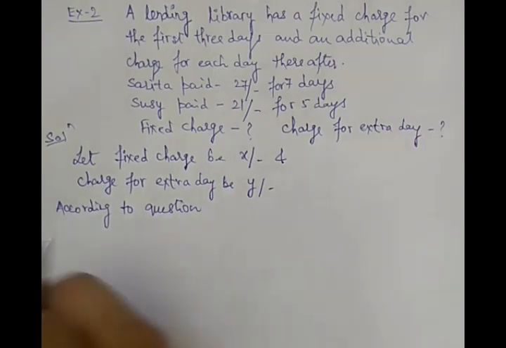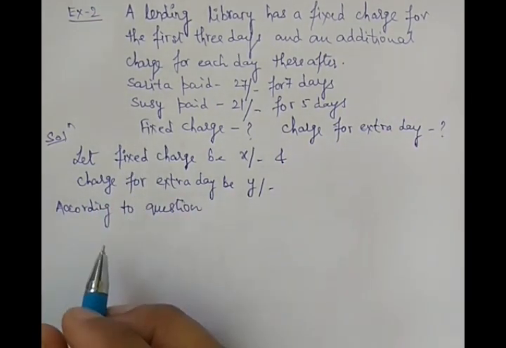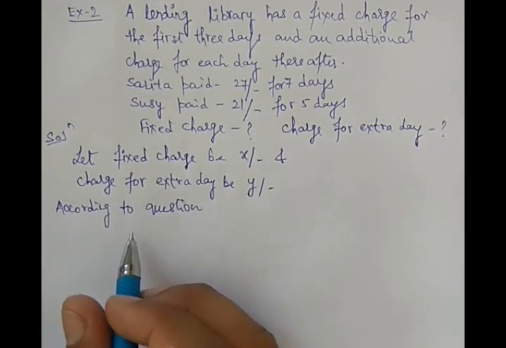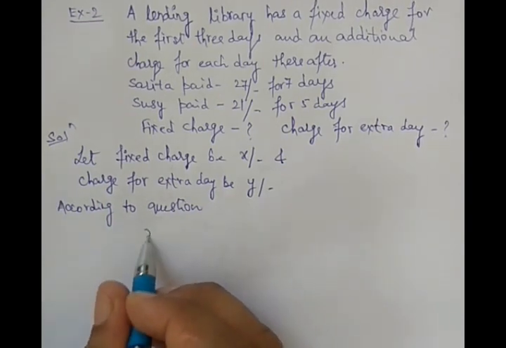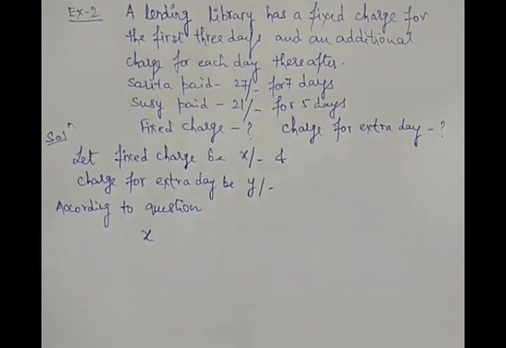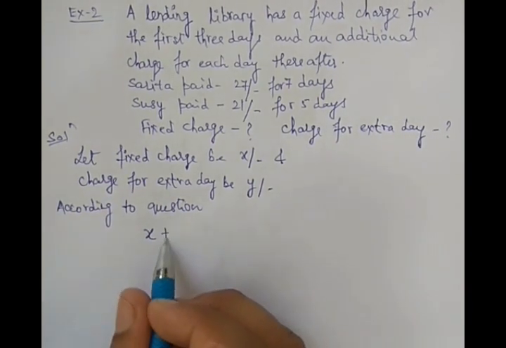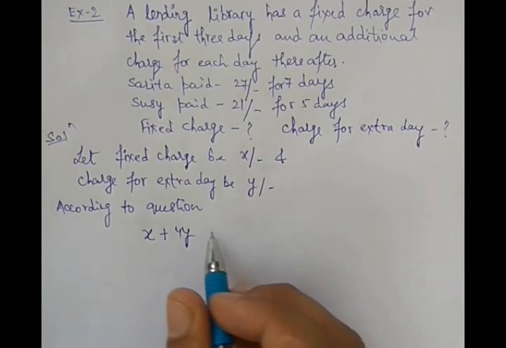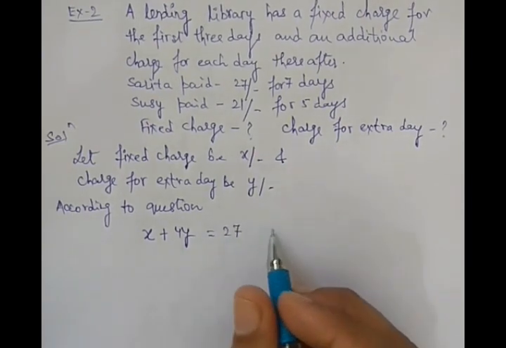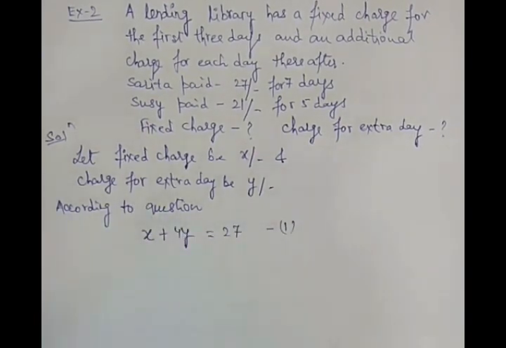it is given that for Sarita, let's say the fixed charge is X. So this is for 3 days and she is keeping the book total for 7 days. So what is the rest of the number of days? 4. Per day she has to pay rupees Y, so 4Y, and the total she is paying is rupees 27.